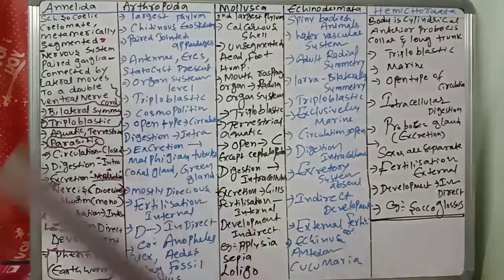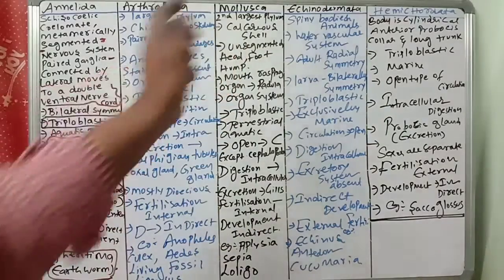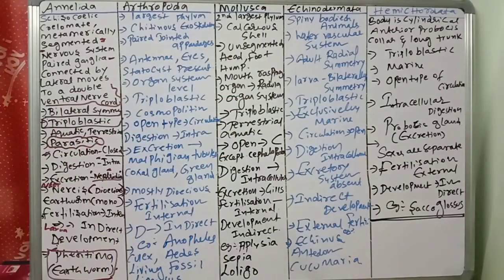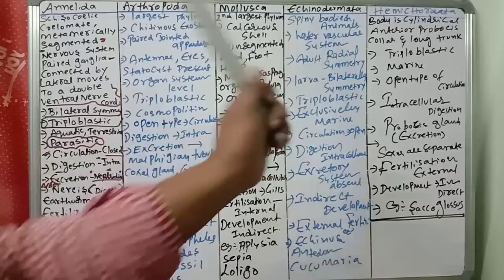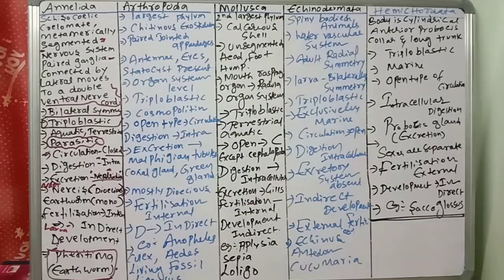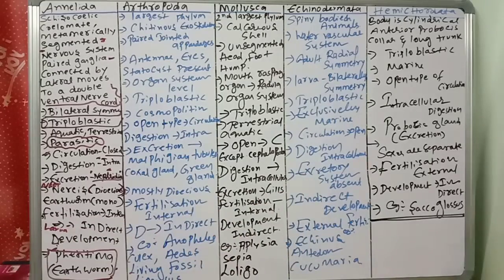Like this, Echinodermata. Once again, spiny bodied animals. They have the special feature of a water vascular system. Their adult shows radial symmetry; the larva has bilateral symmetry. They are triploblastic, with three layers: ectoderm, mesoderm, endoderm.